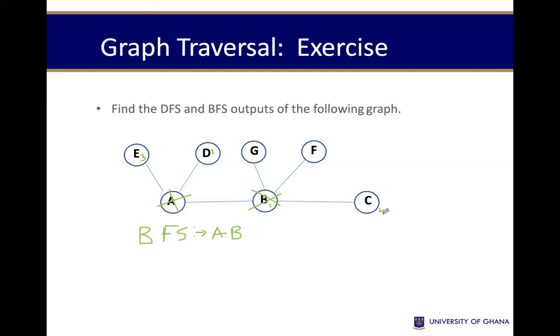And then I'm going to go to the next one, which is F. That's going to be number 5. And I'm going to go to J, which is number 6. So all these guys are in the queue, right?